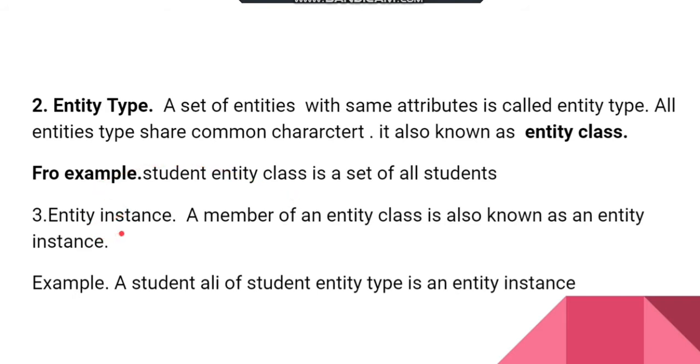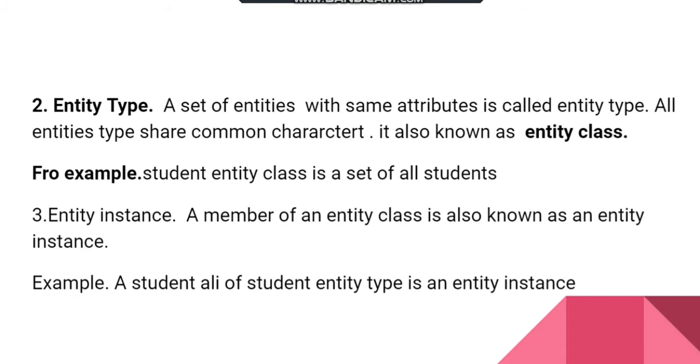Then I have the entity instance. A member of an entity class is also known as an entity instance. For example, student Ali of the student entity type is an entity instance. If I want to create a student entity, Ali is a student, so Ali is an instance of that student entity, because with the help of Ali I can access the student attributes.